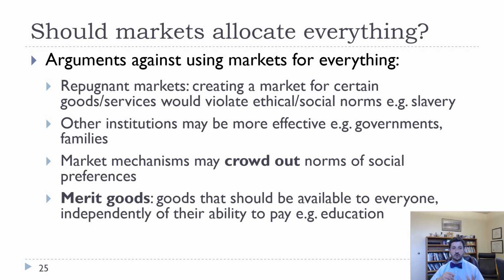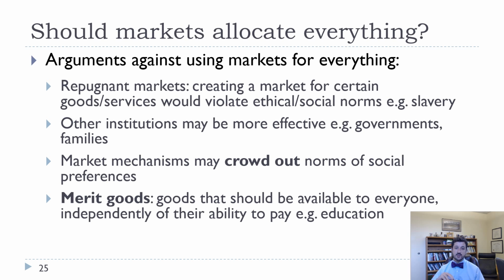Market mechanisms might also crowd out norms of social preferences. One argument that's often made against capitalism is that it turns everything into a market when that's really not what we want. It turns relationships into market transactions, which might be bad.